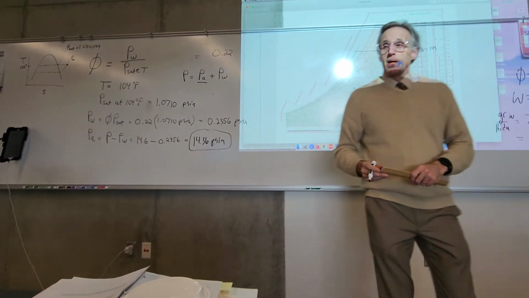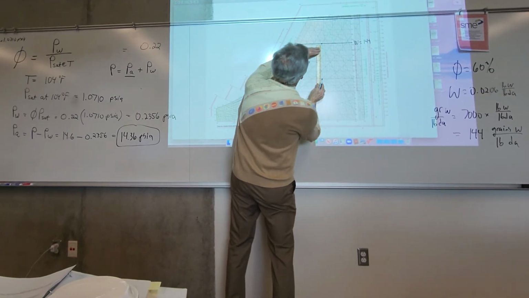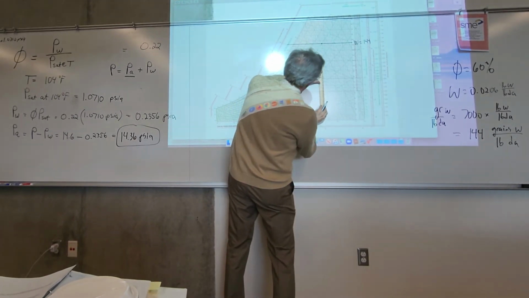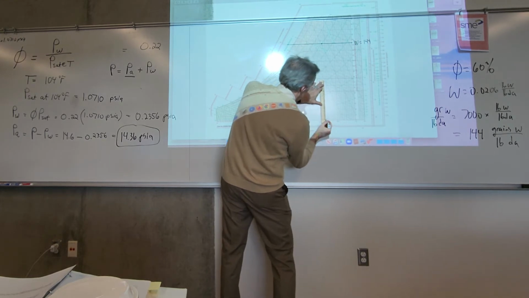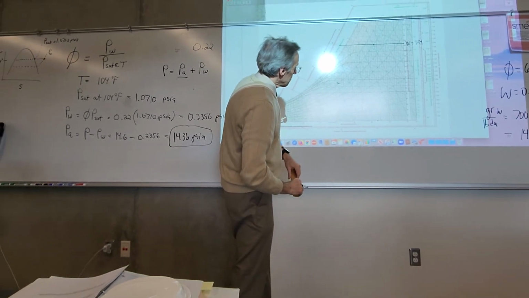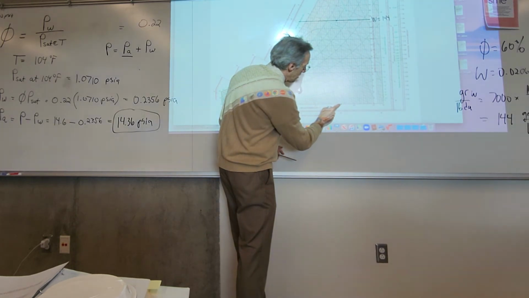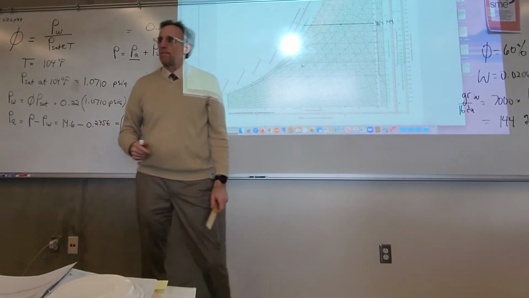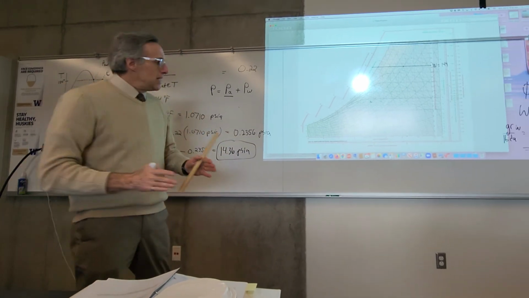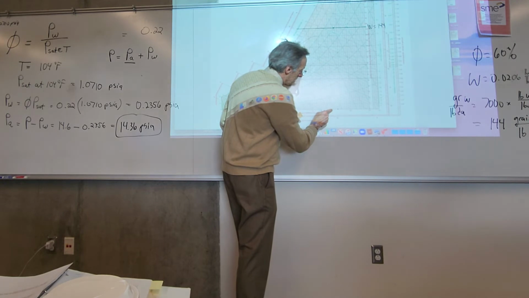So what's the dry bulb temperature? We want to read straight down to the bottom axis here. And it looks like 90, 95, 100, 91, 92, 93, about 93.5. And generally, we can read the dry bulb temperature in units of 90, 90.5, 91.